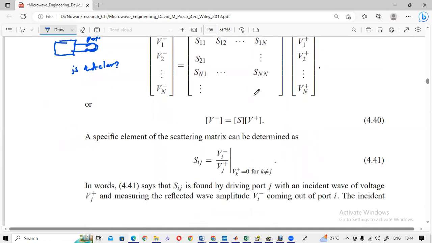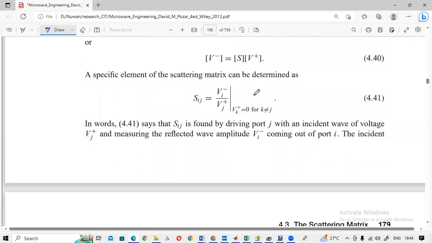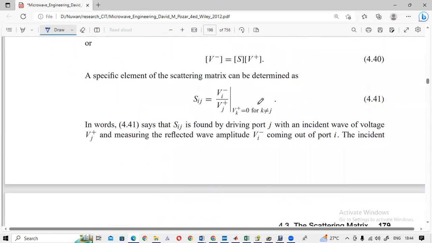Now consider microwave circuits. I told you that if you have, let's say, an amplifier like this, this is a transistor amplifier.